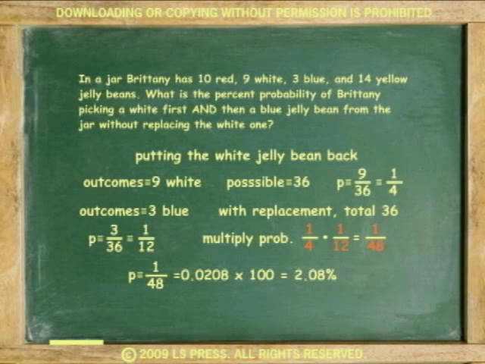Replacing white jelly bean, the probability is 3 over 36 or 1 over 12. Multiply new probabilities for white and blue jelly beans. 1 over 4 times 1 over 12 equals 1 over 48. Divide. 0.0208 times 100 equals 2.08% probability.